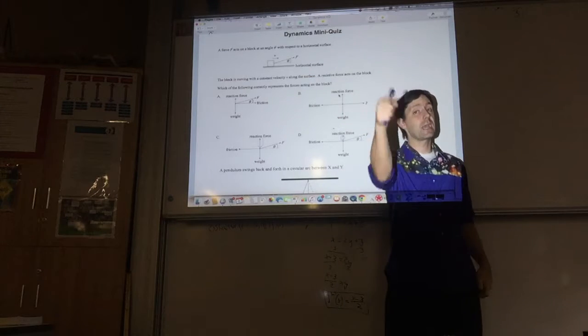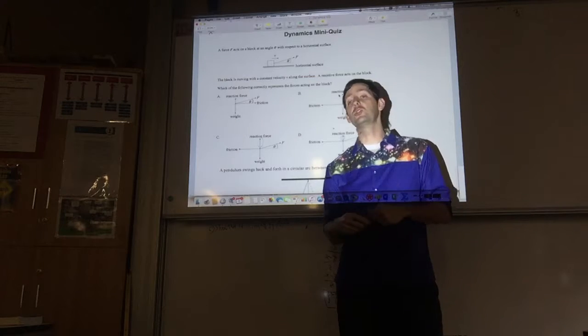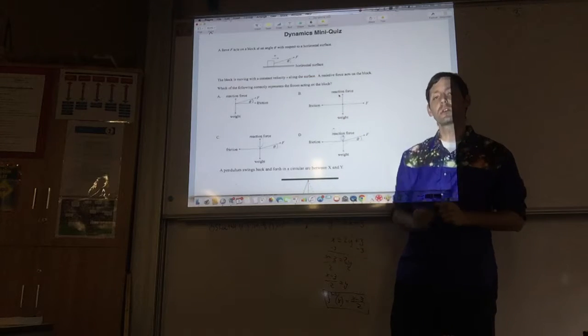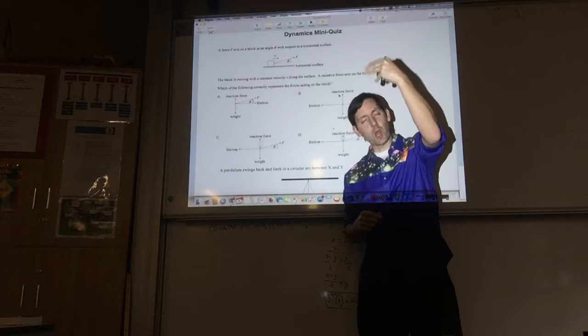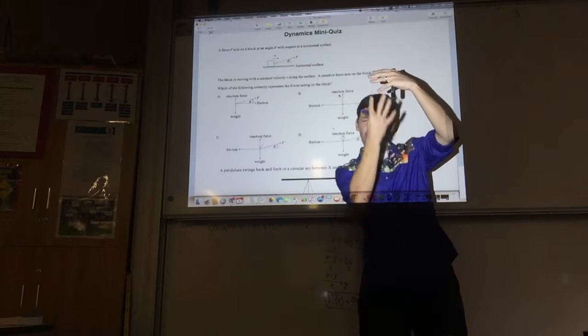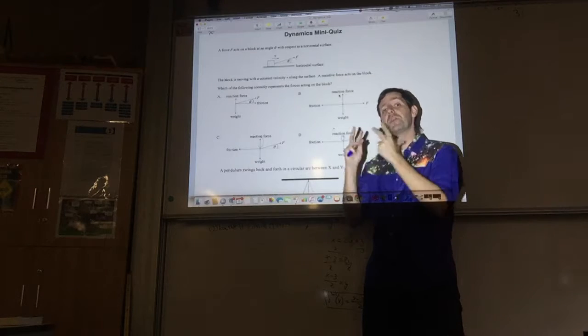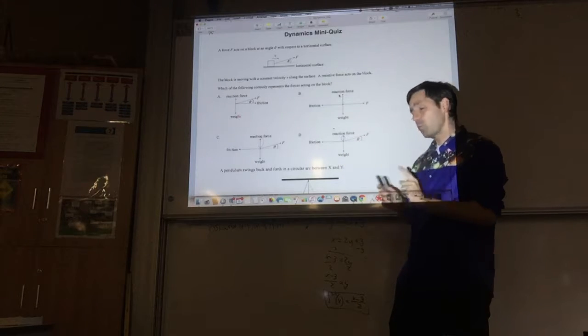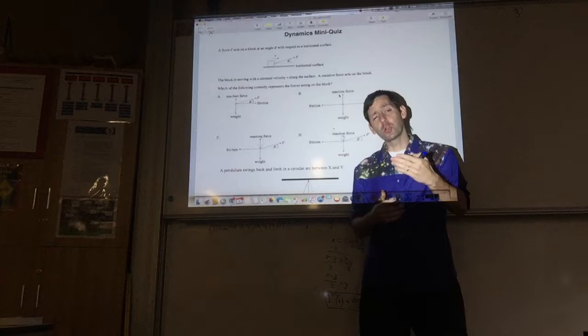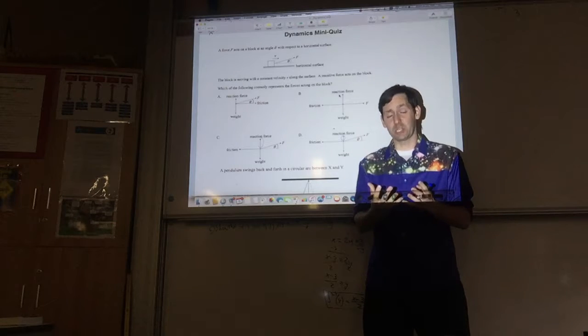Newton's third law does not say that the reaction force is equal to the weight. Newton's third law says that if Earth pulls down on an object and that object pulls up on the Earth, that has nothing to do with the normal force. What we do have to do is make sure our horizontal and vertical pieces balance each other.